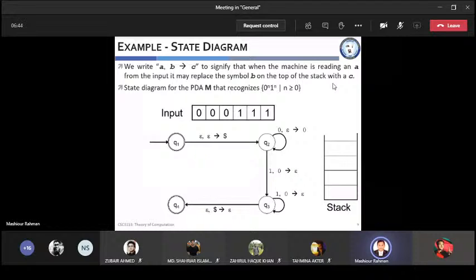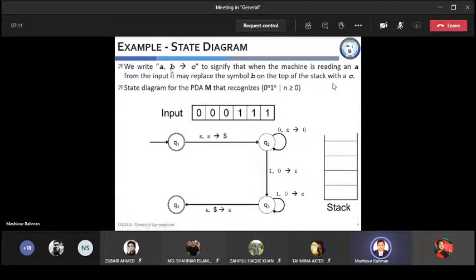Now, if you look at the labels over here, the labels have two parts. It is explained over here at the top that labels have two parts separated by a comma. The first part represents the input. The second part represents the stack. Now the second part also has two distinguished parts separated by an arrow.